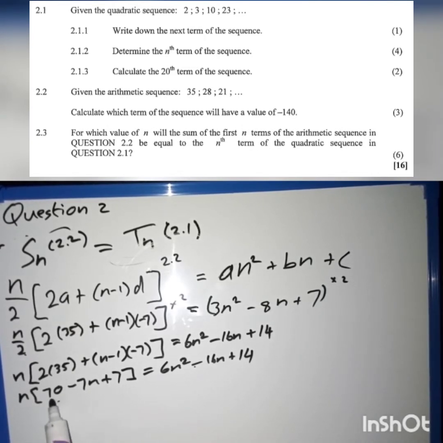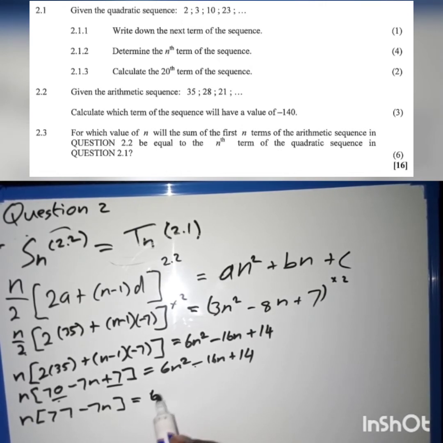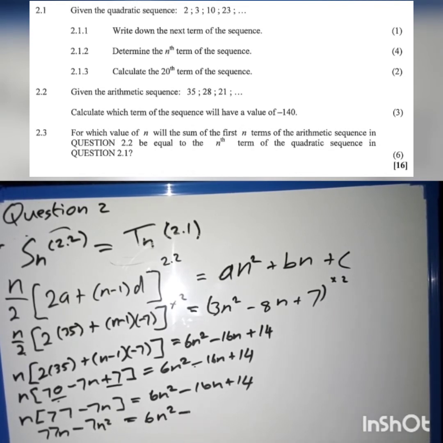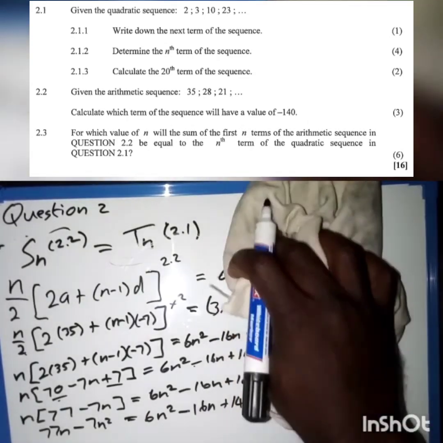Then this inside gives me 77, so I have n times 77 minus 7n is equal to 6n squared minus 16n plus 14. Then I multiply n here, it will give me 77n minus 7n squared is equal to 6n squared minus 16n plus 14. Alright, I'm just going to carry on this side here.